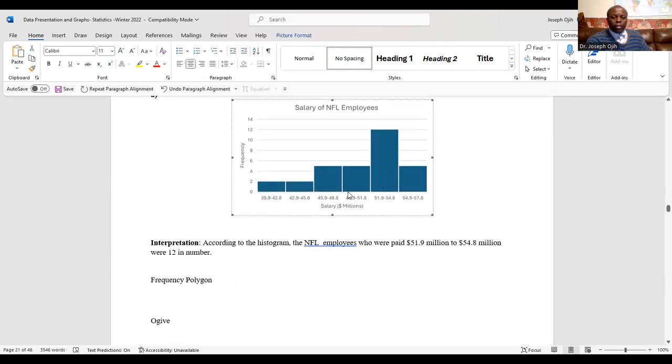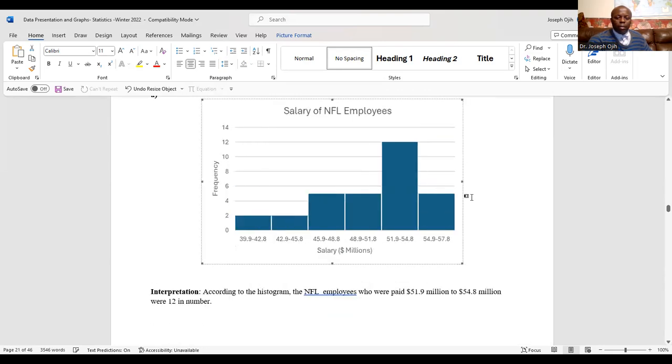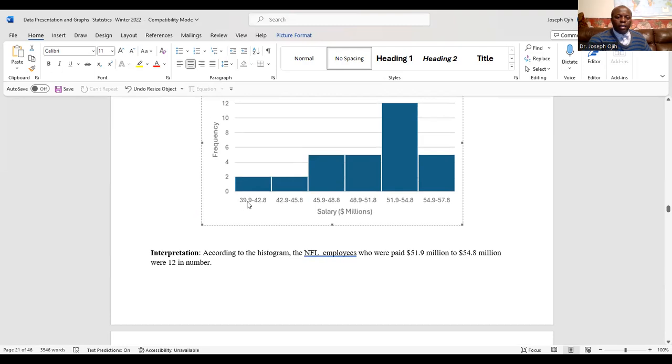This is going to show that you can see the trend. Let me make it bigger. Those that make 39.9 million to 42.8 million, there are 2 of them, and so on. You can see the trend here.